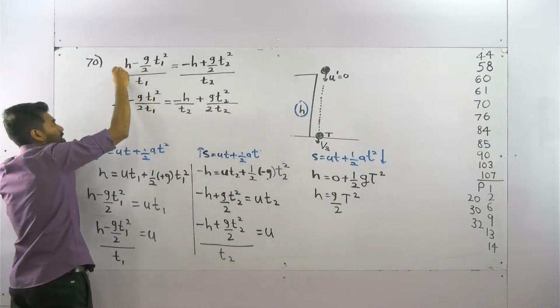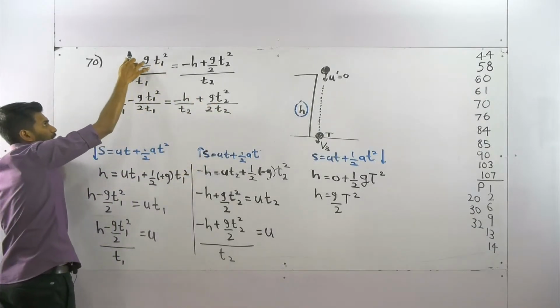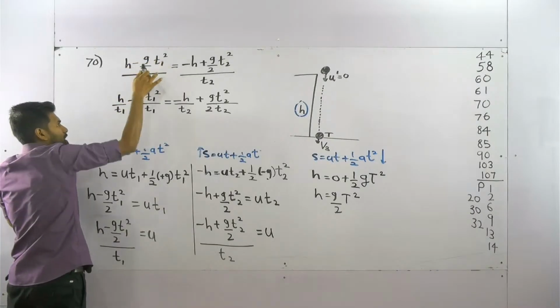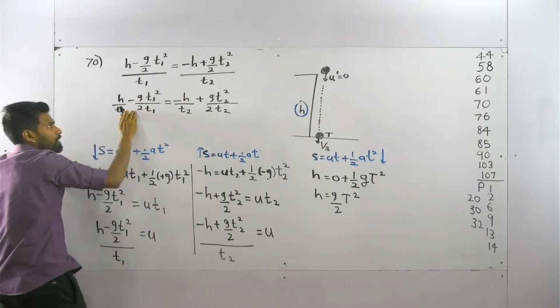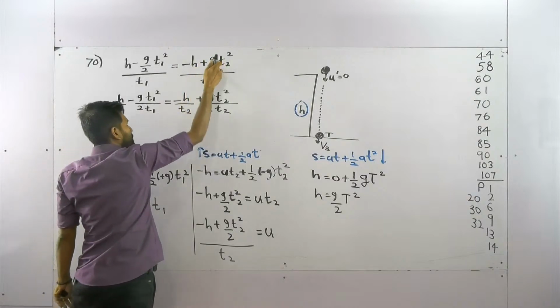So I have a complete division here, dividing h and minus g over 2 t1 square by t1. This will do the job. Dividing minus h by t2, dividing g over 2 t2 square by t2.